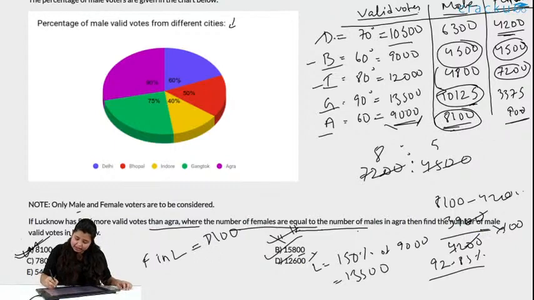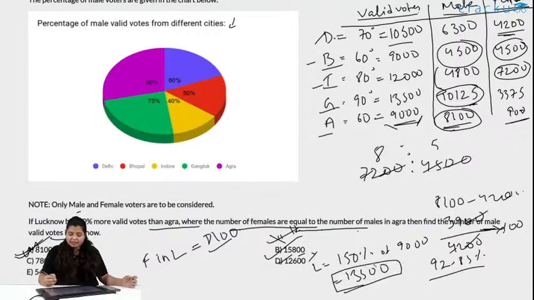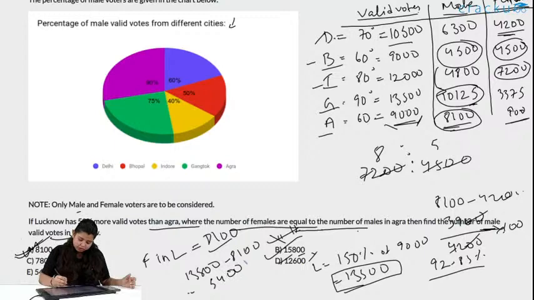It is saying find the number of male valid vote in Lucknow. We know the female in Lucknow is 8100. We know total people in Lucknow is 13500. Just subtract them, 13500 minus 8100. What you get is 5400. So, option E is the correct answer.